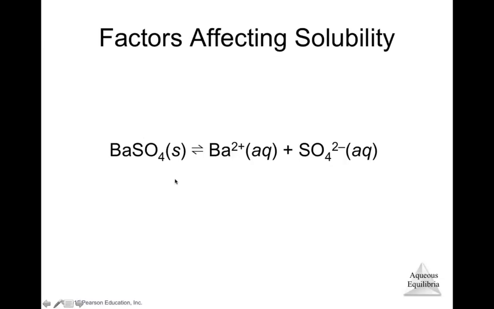What do you think we can do by using just what we have here? What will happen if we add barium to this equilibrium? It will go to the left. It will go to form more of the barium sulfate. So by adding one of these ions we will affect the solubility. It will be less soluble if we have some common ion.